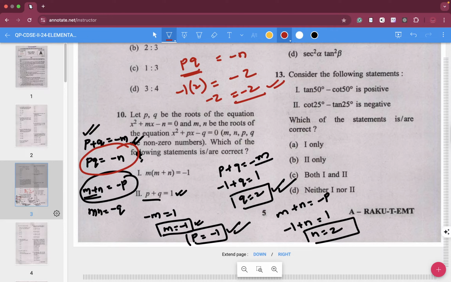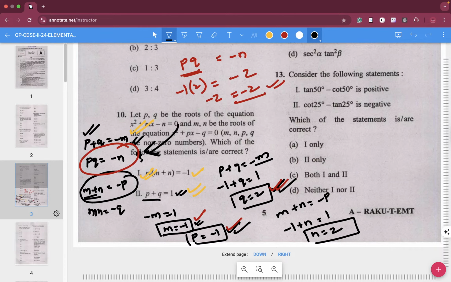What we actually did is that we found the values of m and p and consequently q. Then by using these two equations and also the given options, option A and option B, observation 1 and observation 2, we checked whether it worked out, and we found that yes, it did work out.